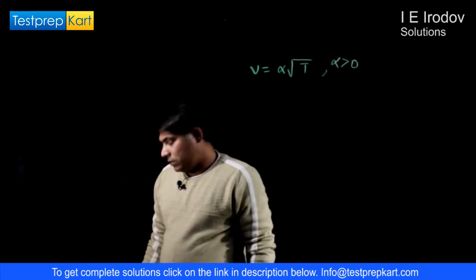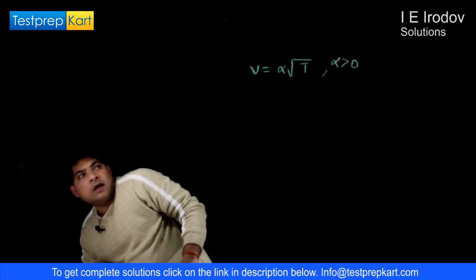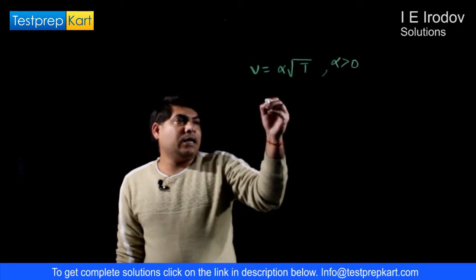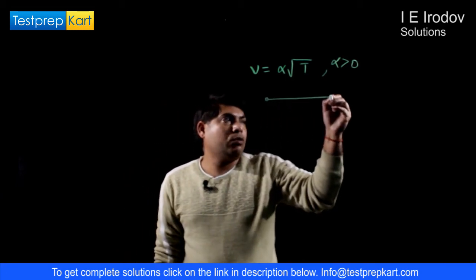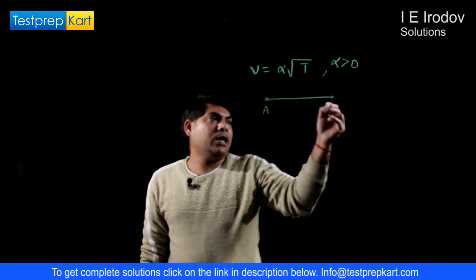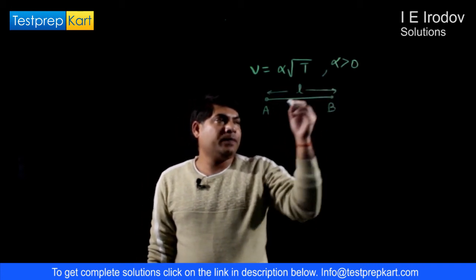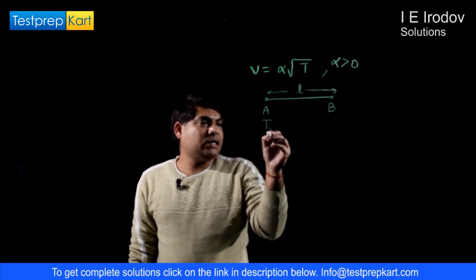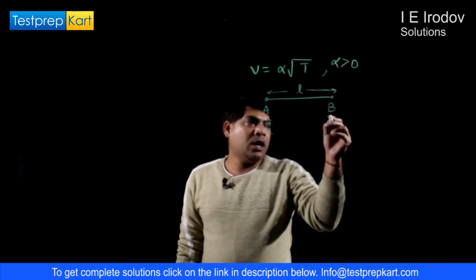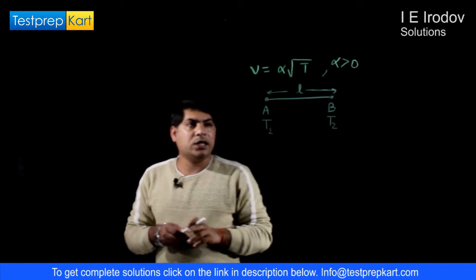Okay, so let's see. Here it is saying that between two points A and B separated by distance L, one terminal is at temperature T1, another one is at temperature T2.